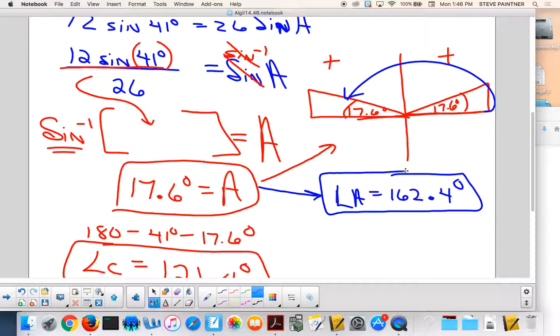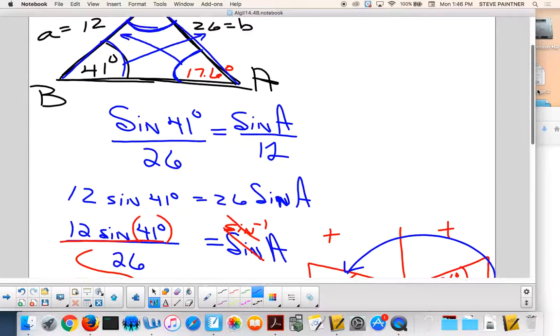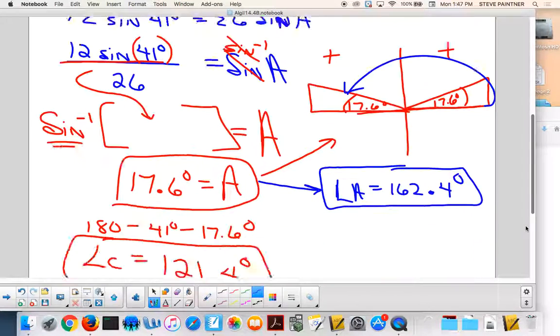Right? If that could have been the answer, then I go back up to my triangle and say, not 17.6, but 162.4 is the other one. Plus I already have this 41. Is there enough room for C? No, I don't think so either, but let's just show the work.